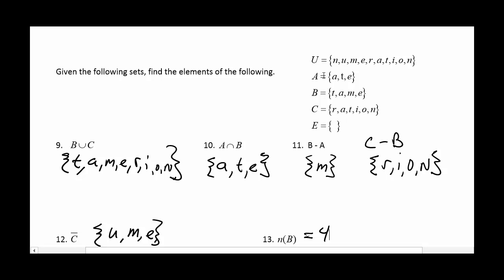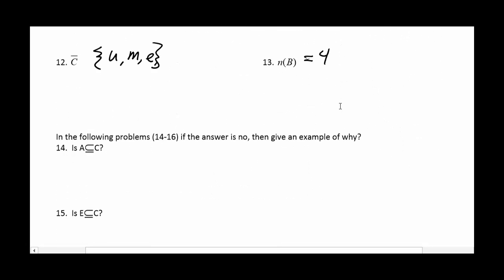And the answer is no. I do see an A and a T, but E is not in C. So C has more stuff in it than A, and A has stuff that's different than C. So they're not subsets of each other. So that's a no. A has an element that is not in C.